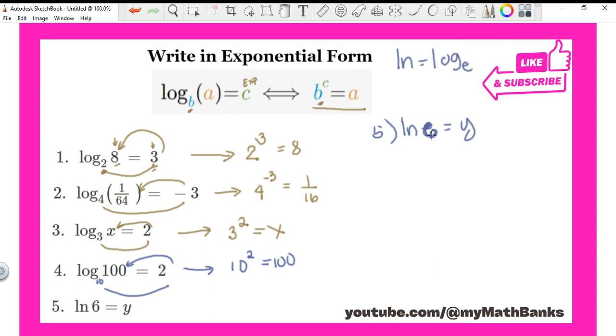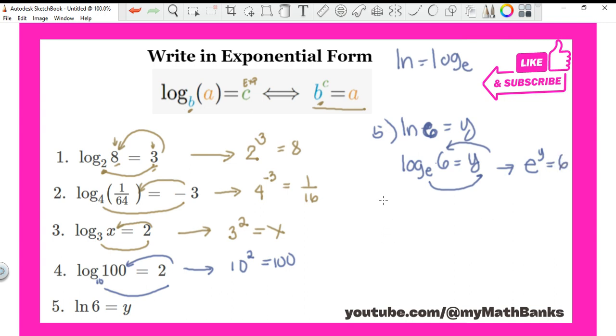When you see ln, if it's hard to remember that it's log e, or I mean just ln means base e, then you can write it out as a way to process it. You can do log e 6 equals y. Then you can follow the same format: base, exponent, and then argument. So now you will rewrite this as e to the power of y equals 6.